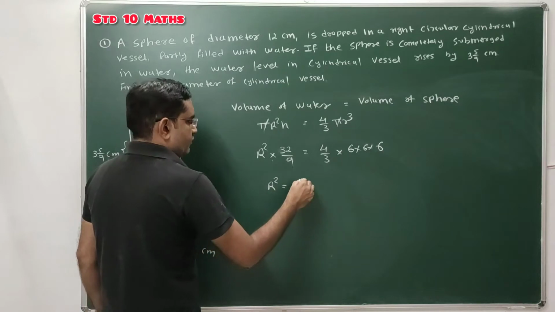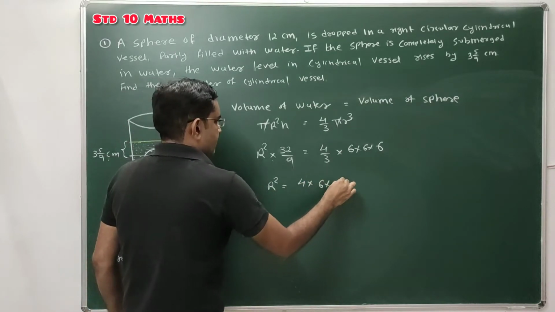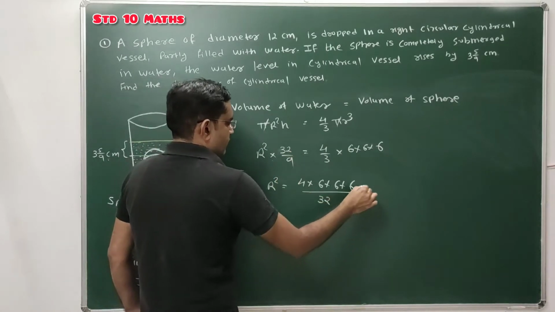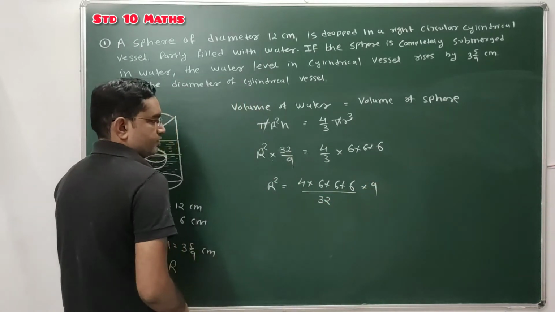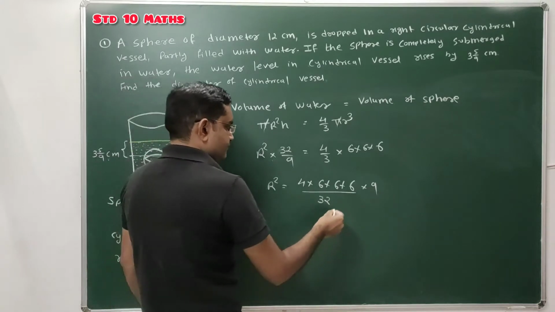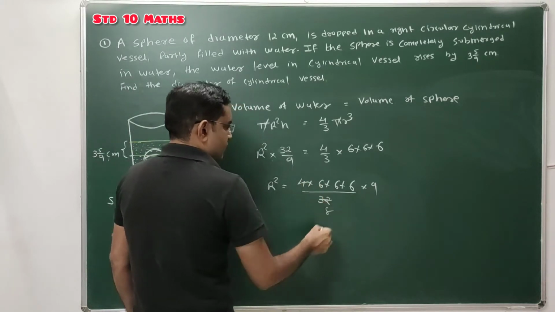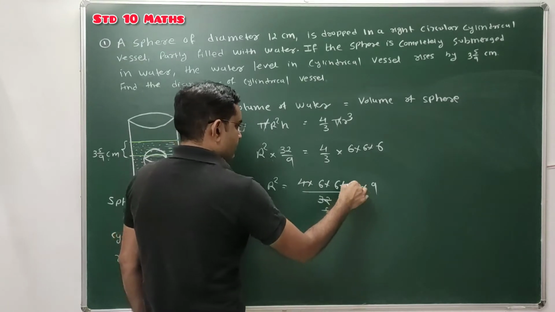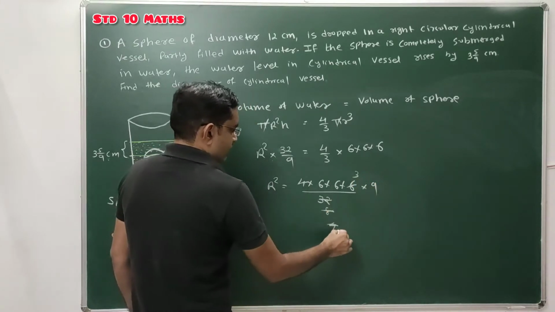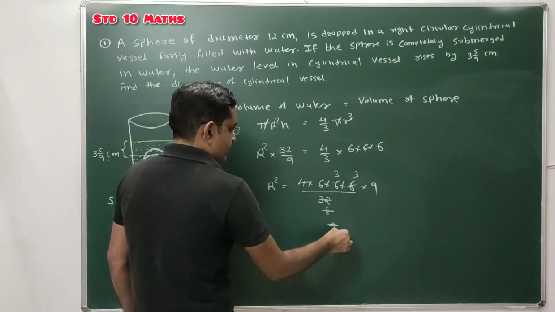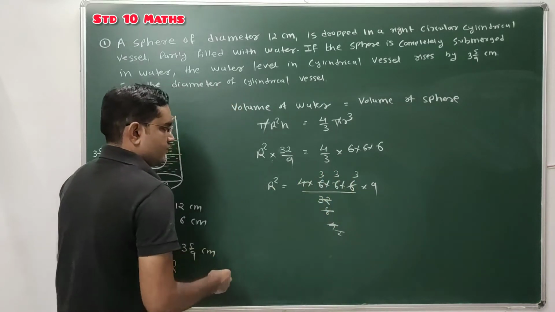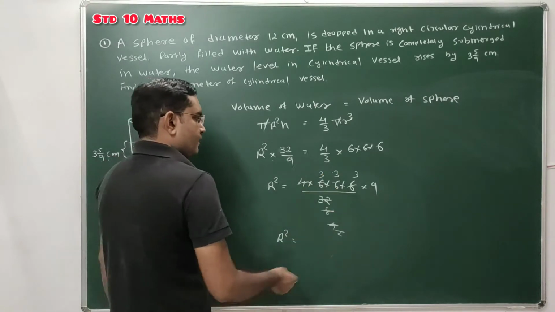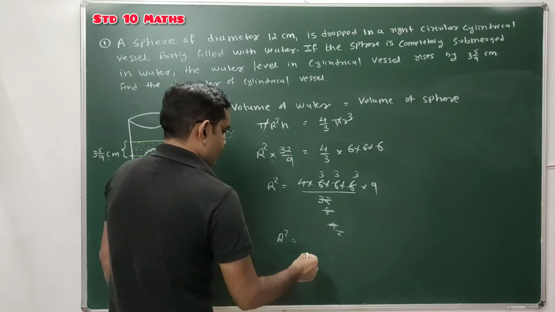The 9 will go into the numerator. Now cutting: 4 into the 32, 2 4s are 8, 2 3s are 6, 2 2s are 4, 2 3s are 6, and 2 3s are 6. So R square equal to 3 3s are 9, 9 9s are 81.